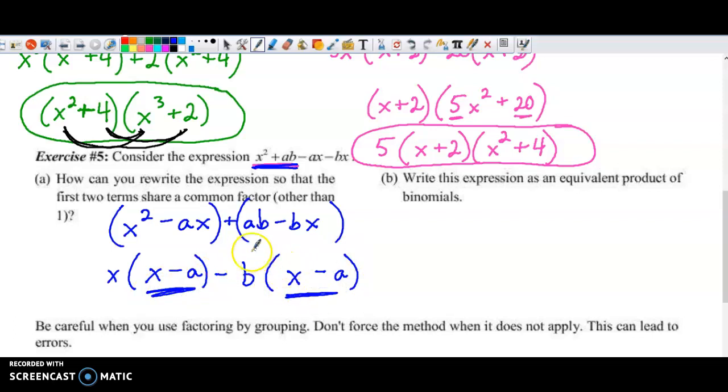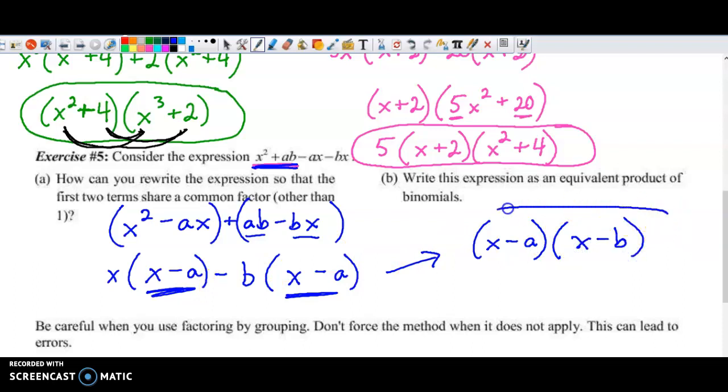And double check if I distributed it in, negative b times x is negative bx, and negative b times negative a is a positive ab. And the whole point of that is then they're exactly the same, x minus a, and then also x minus b. And that would be our best answer.